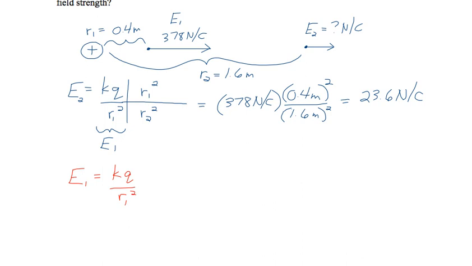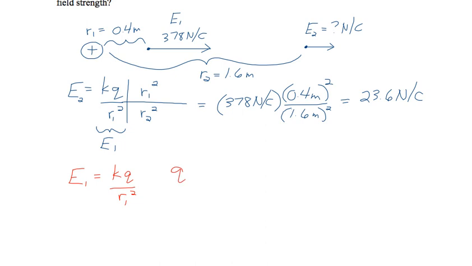I already know what E is, I know what R is, and I know what K is. So really, the only thing I don't know is Q. So let me rearrange this formula to solve for Q, and then that's going to be the same Q that I could then plug into the formula E2 equals KQ over R2 squared. I can just do that.